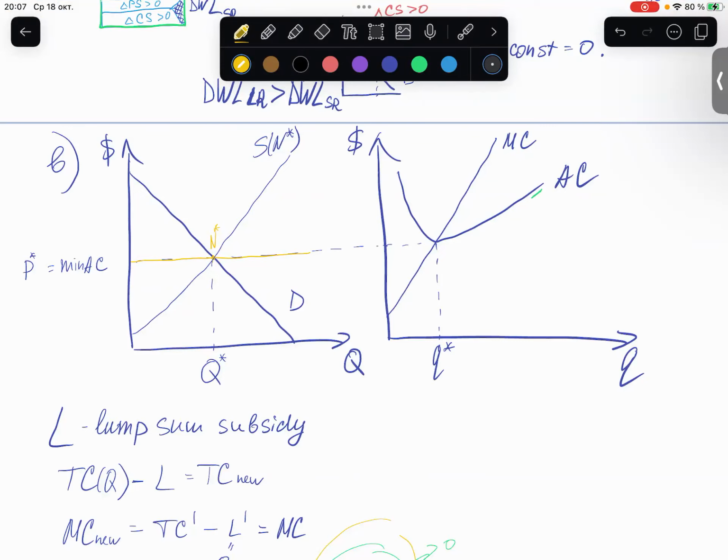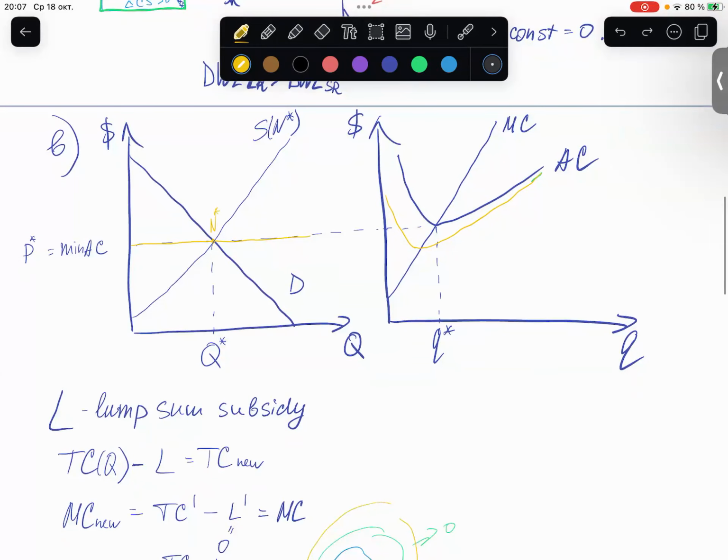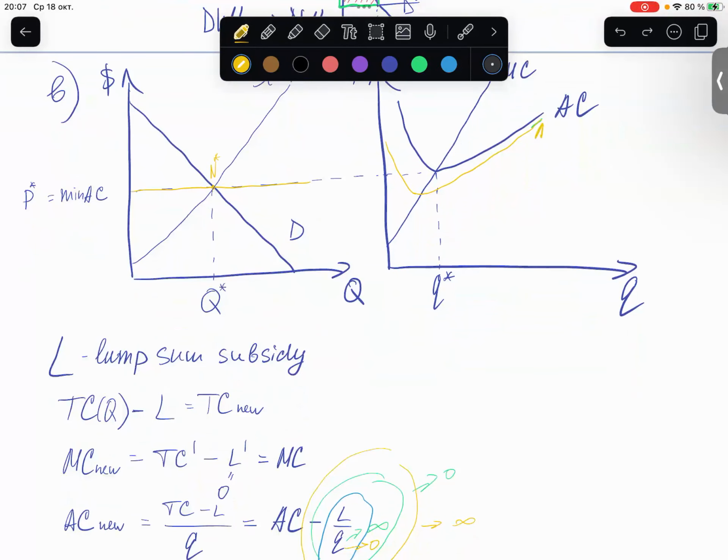And this difference is L over Q. And this difference is different for each quantity that we want to sell. So let us show this for the equilibrium situation. It's the new average cost.